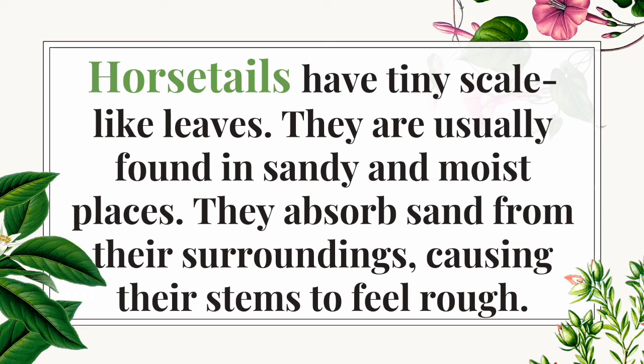They absorb sand from their surroundings, causing their stems to feel rough. Because of their roughness, some people call them scouring rushes and use them to scrub pans, pots, and other kitchen utensils. So that is the horsetails.